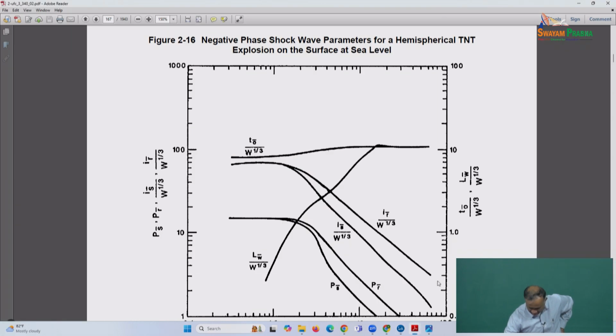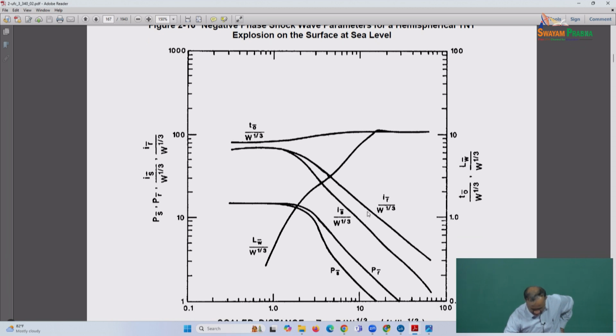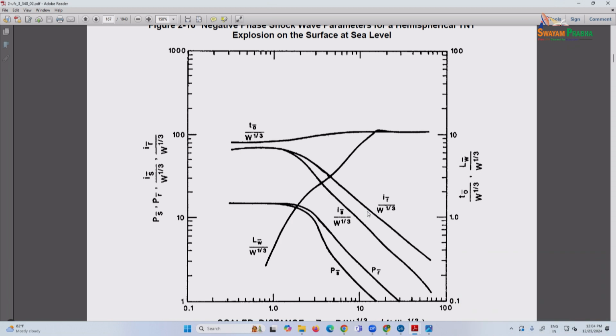If you see here, you have IR alpha negative. So for 10, roughly, it is divided by W to the power 1/3, comes to 10 point something. Let's say, so no, this is 10, 20. So 20, let's say roughly around 70.